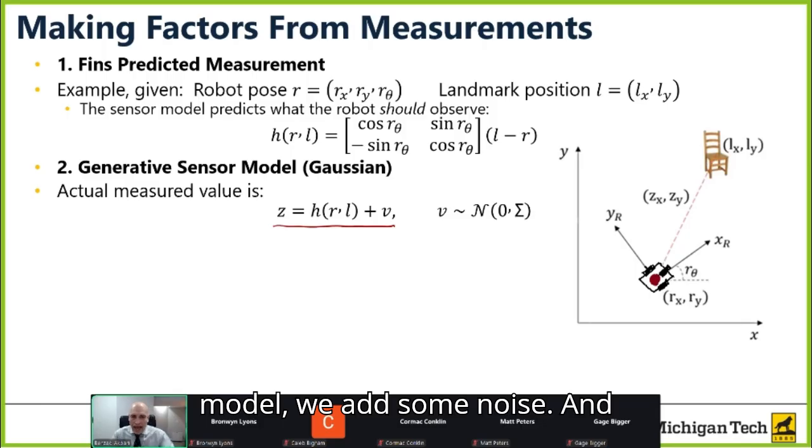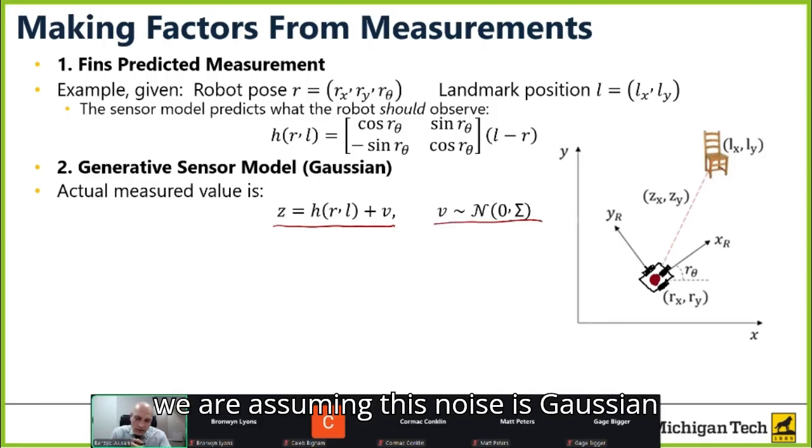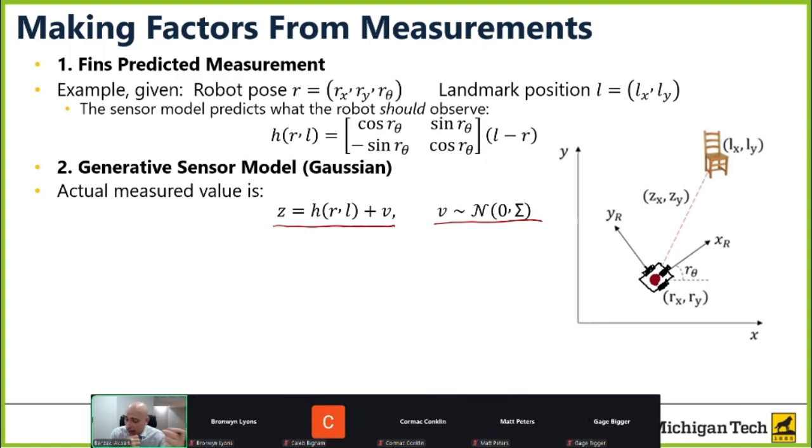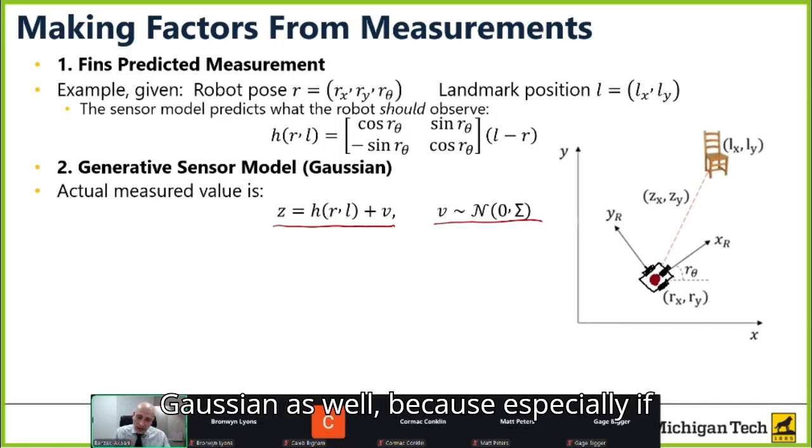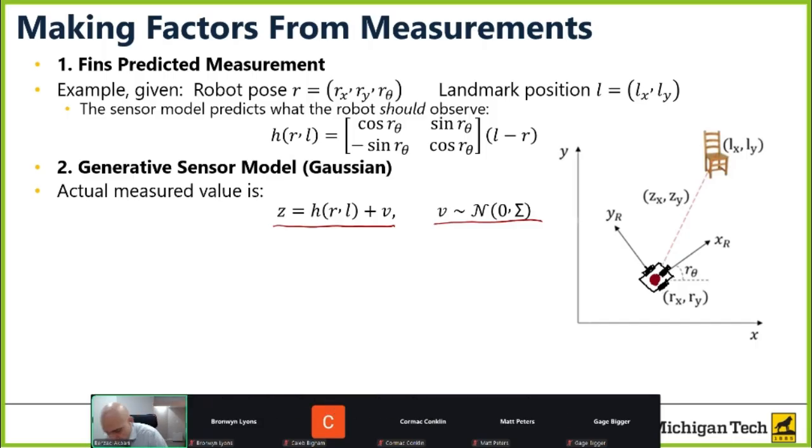In the measurement model, we add some noise, and we are assuming this noise is Gaussian because we want to make it simpler. And most of the noise is actually Gaussian as well, because especially if the noise is additive, we can prove that this is Gaussian. And there is a theorem for that.